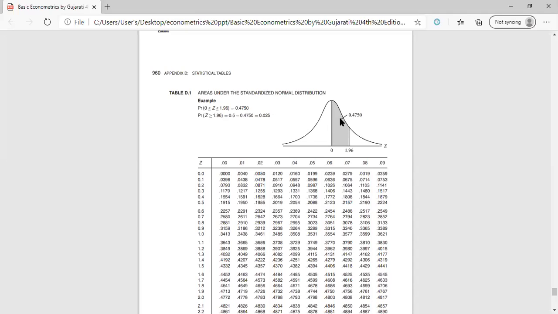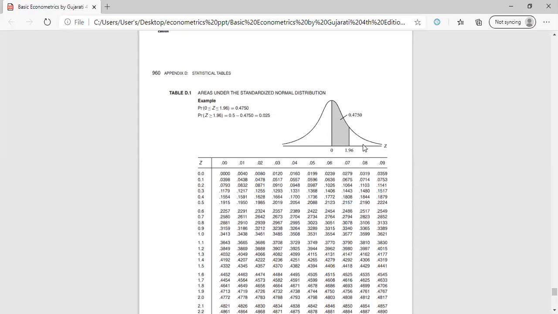Right now, this is the area 0.4750. What is the whole area to the right of 0? 0.5. Because 50% of the probability is to the right. So it's 0.5. Now, if you have this area, which is 0.4750, what would be the rest of the area?